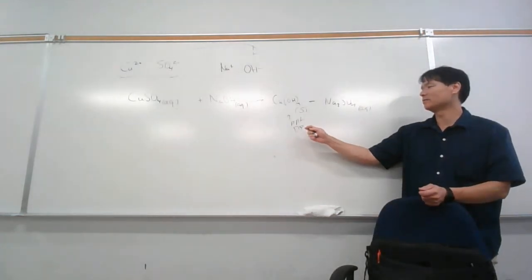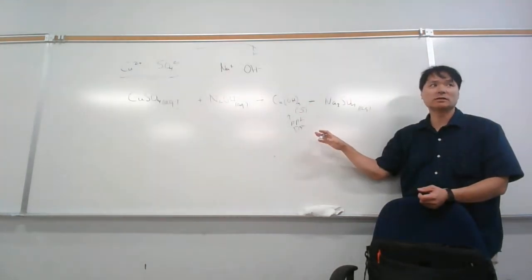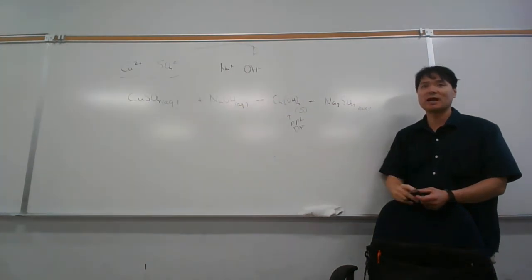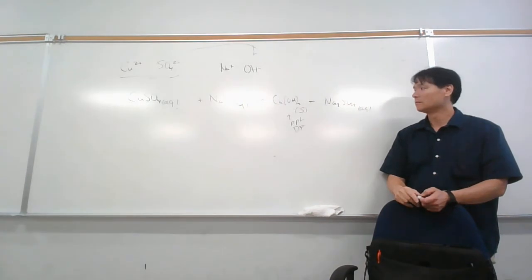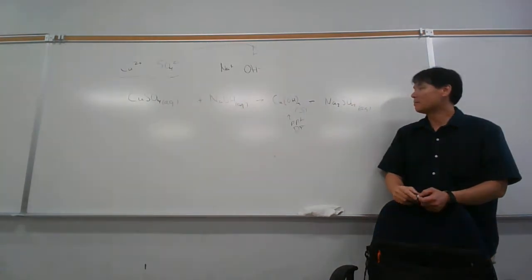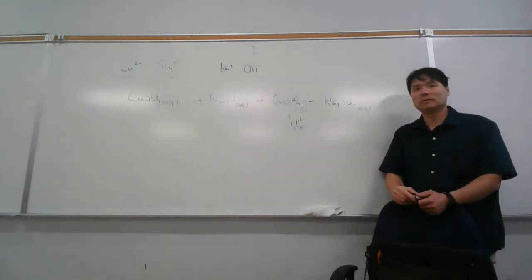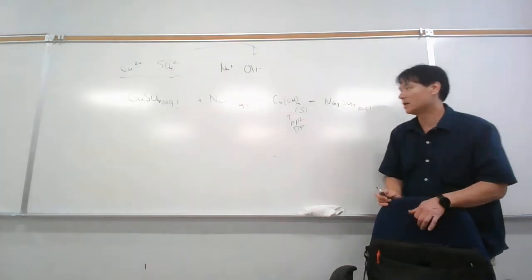DF stands for driving force, so precipitate is the driving force. So this is a downhill reaction. If there's no driving forces, then it's an uphill reaction, and we don't expect it to happen. So we need a driving force to make it go downhill. But it's not balanced. We've got to balance it. So go ahead and balance it, and then we go to the next step.